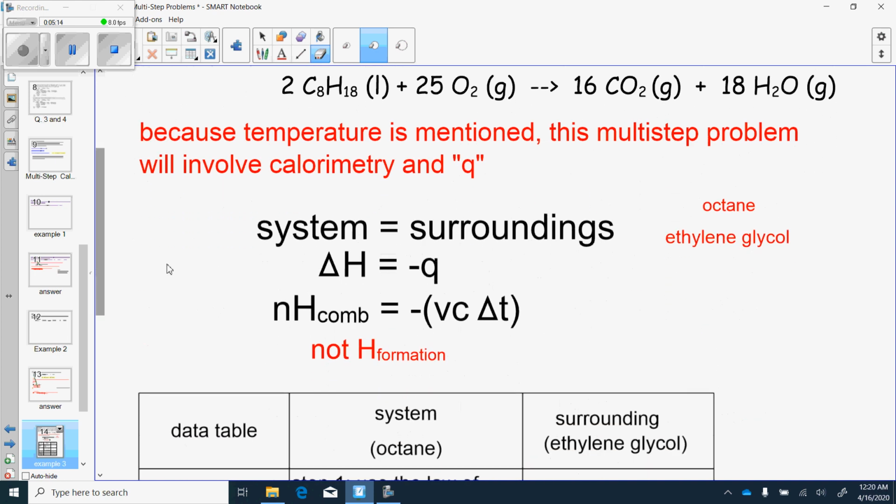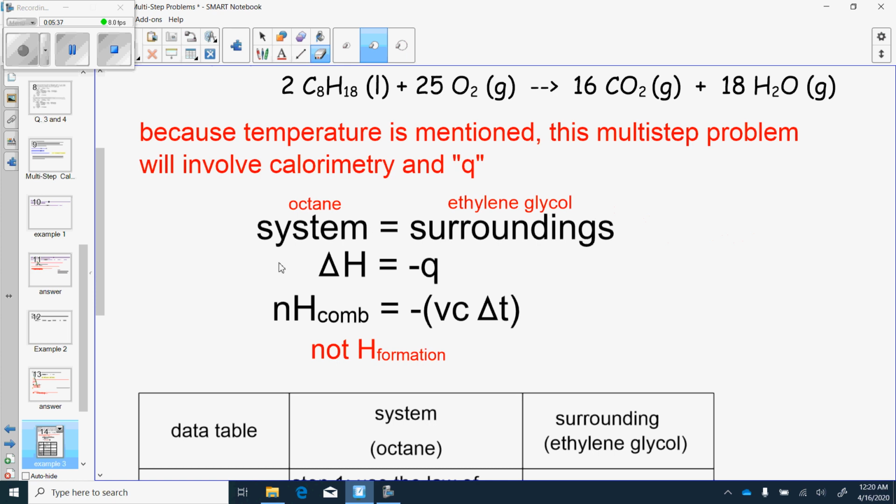It's always a system, and it's always a surrounding. So just so we don't forget, octane is going to be our system, and ethylene glycol is going to be our surroundings.